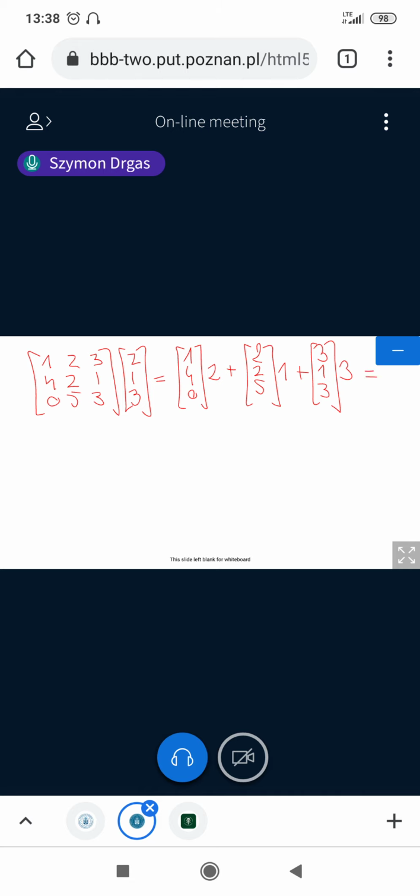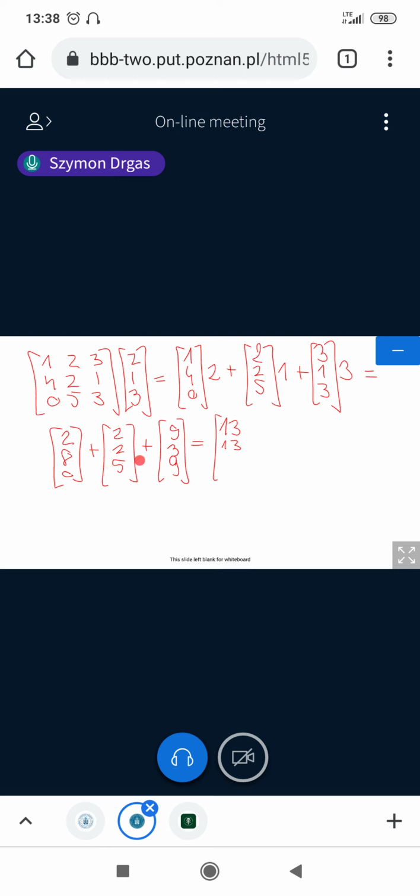And then we can multiply these vectors by these numbers. So it will be 1 times 2 is 2, 8, 0 plus 2, 2, 5 plus 9, 3, 9. The result is 2 plus 2 plus 9, so it is 9 plus 4 is 13. 10 plus 3 is also 13.